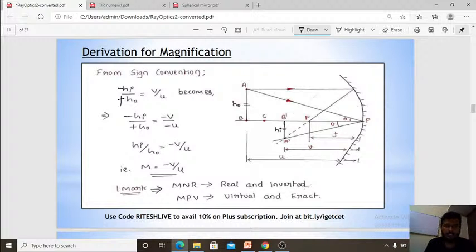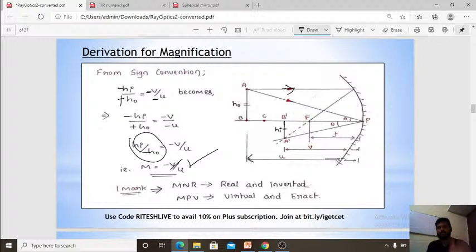Similarly V is opposite to the incident ray, so the distance measured from the pole is negative. After rearranging, I got HI over H naught equal to minus V over U. This is the relation.